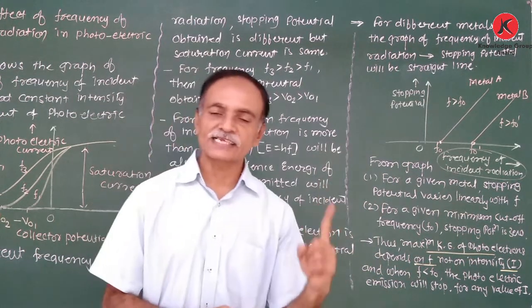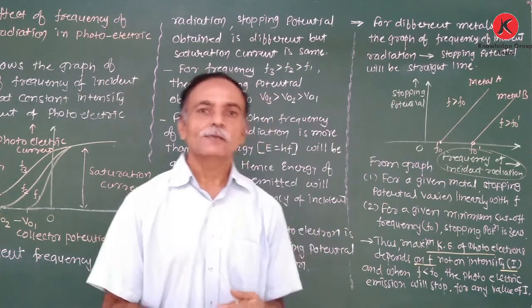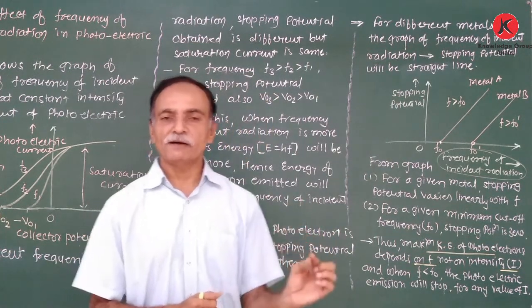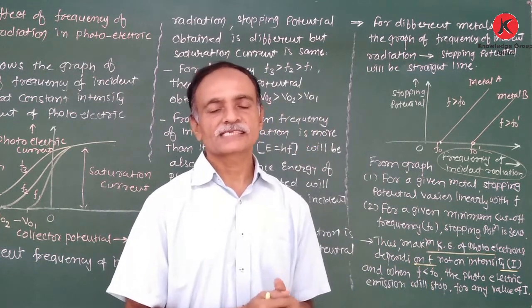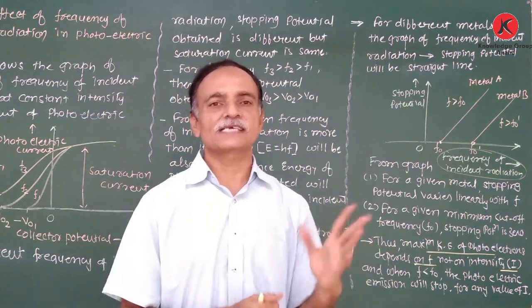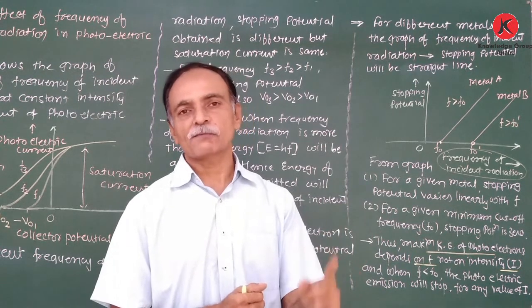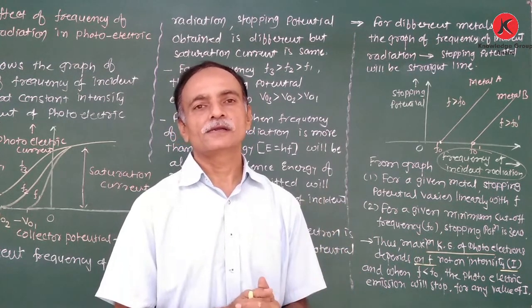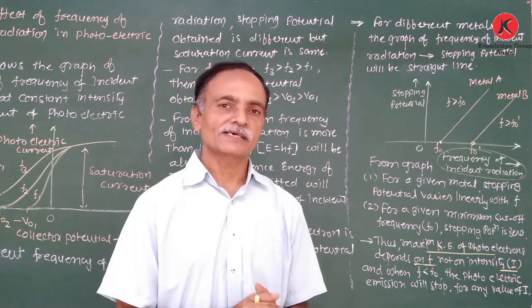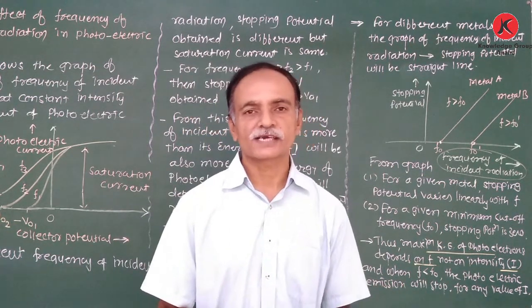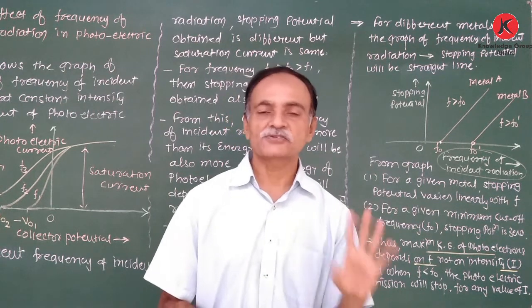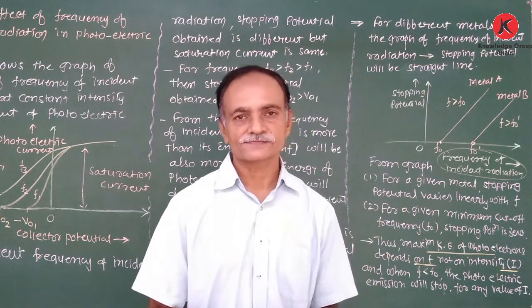So here are the three statements in the photoelectric effect. First, for photoemission, the frequency must be more than the threshold frequency. Second, if the frequency increases, the kinetic energy of the photoelectrons emitted by the emitter increases, and hence the stopping potential also increases. But the saturation current does not increase.